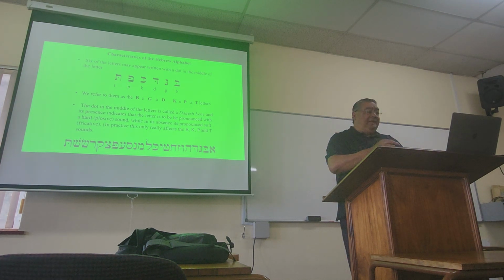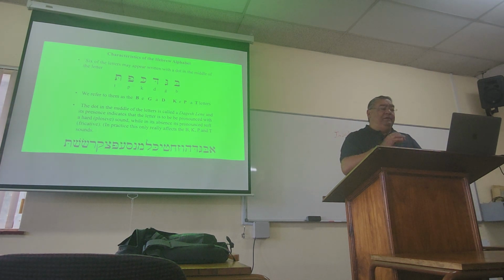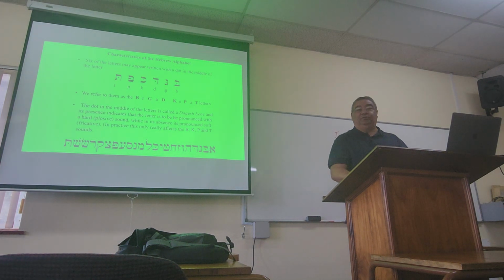Now, the letters that will be affected are the bet, the kaf, the pe, and the tav. The gimel and the dalet are not affected because those sounds historically would have been so difficult to make. And as I said, I'm going to illustrate that to you.